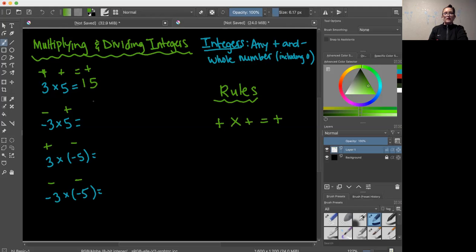Okay, and over here we have a negative 3 times a positive 5. So what that looks like is negative 3 five times. Okay, so that's negative 3, negative 3, negative 3, negative 3, and negative 3.